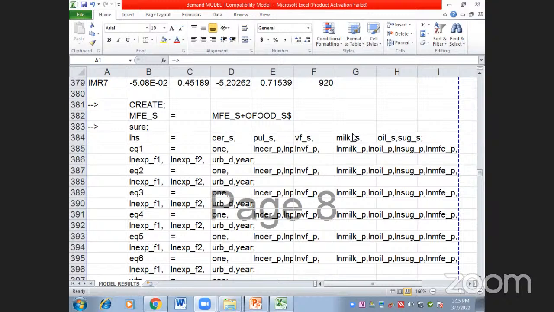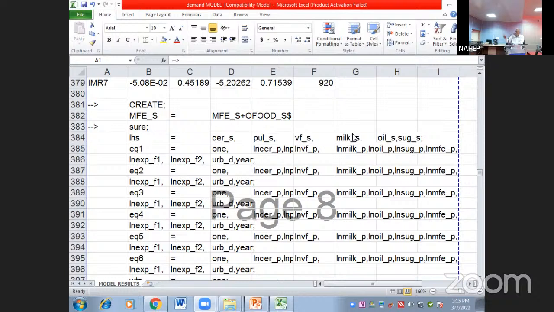On the right hand side, these are my dependent variables. We estimate all 6 equations together. In equation 1, we have the first dependent variable and the rest are the explanatory variables.